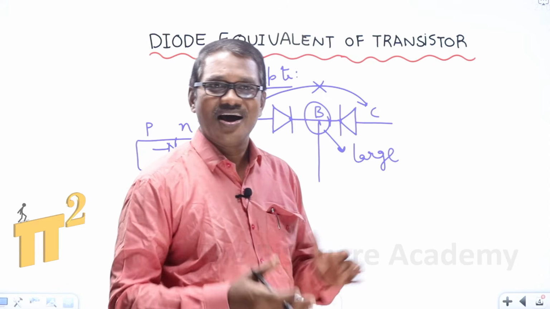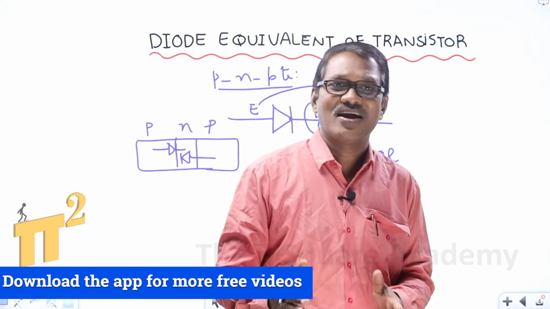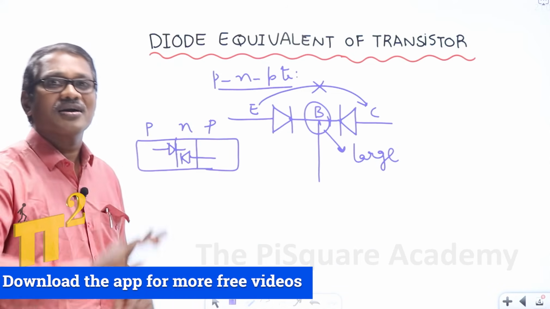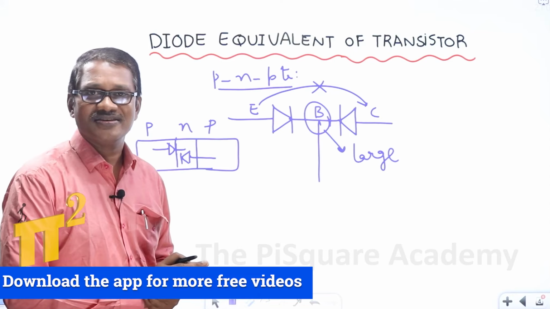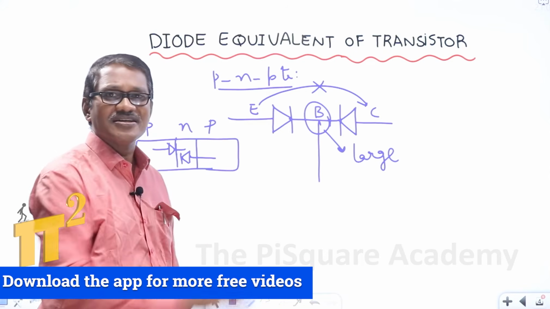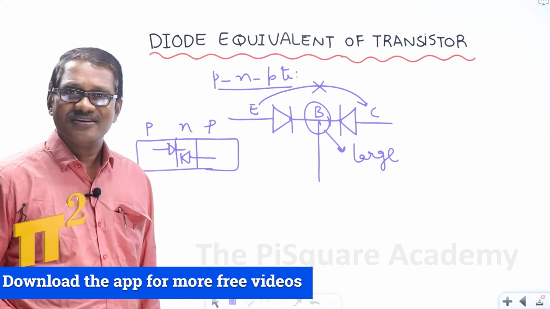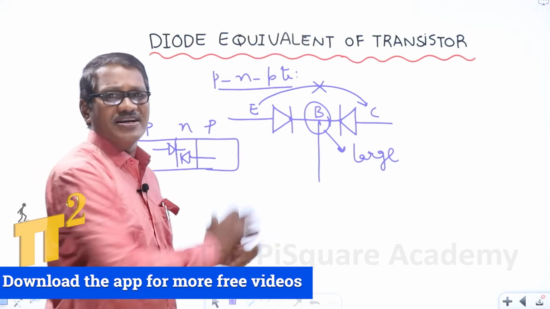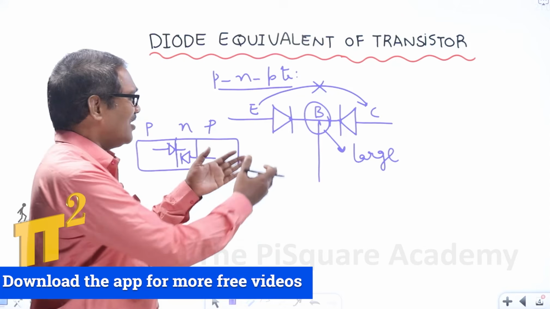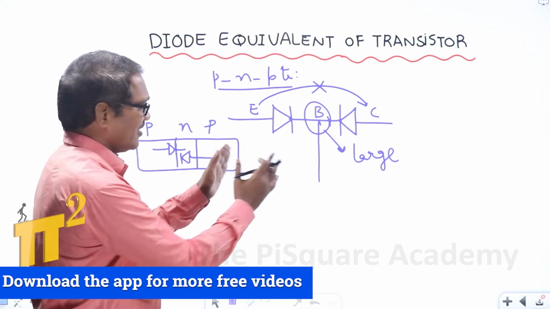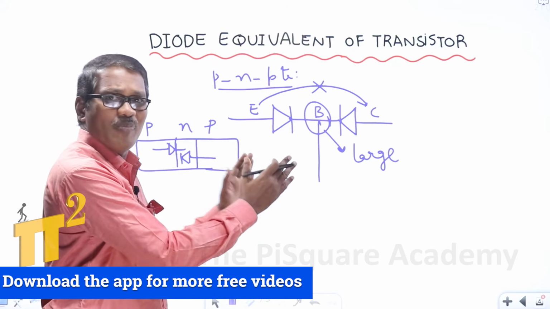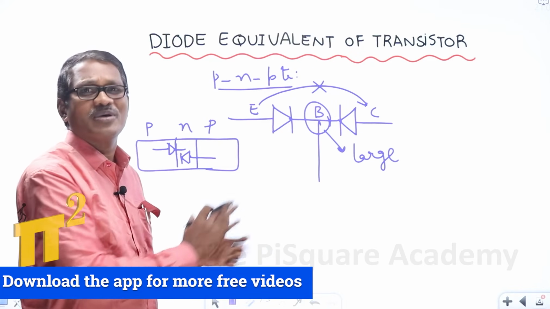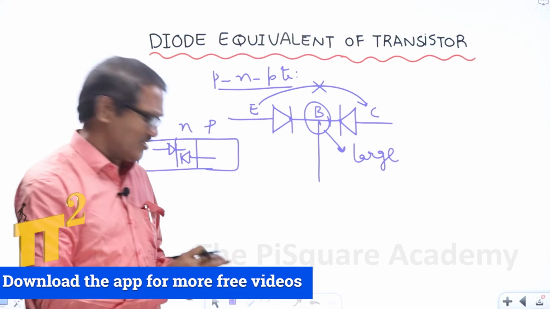The large base between emitter and collector never allows charge carriers to cross the collector junction, so it will never function as a transistor. But that is an equivalent circuit only, for our representation, for research work, not for practical purposes.